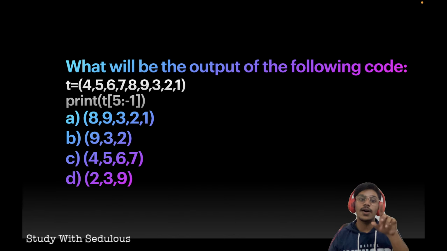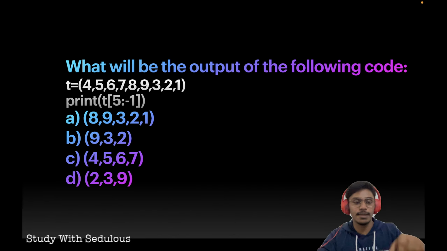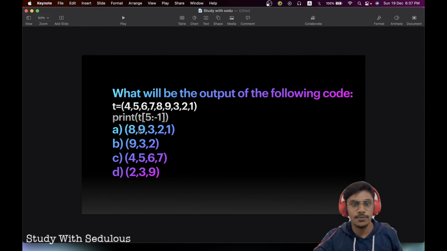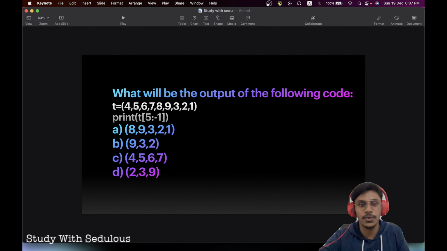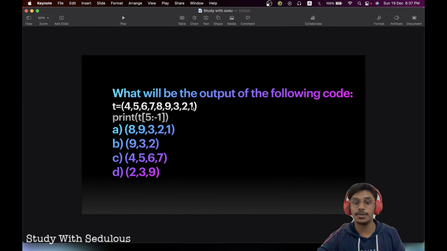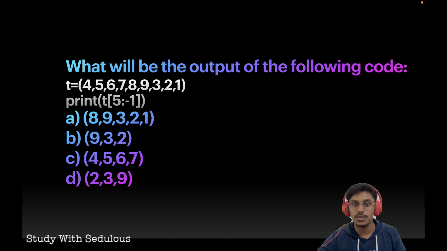What is the fifth element? This would be 0, 1, 2, 3, 4, 5. Fifth element is 9. Then 9 will be printed, 3 will be printed, 2 will be printed. 1 won't be printed because that's the last element. So what would be the right answer? 9, 3, 2, and that is B.